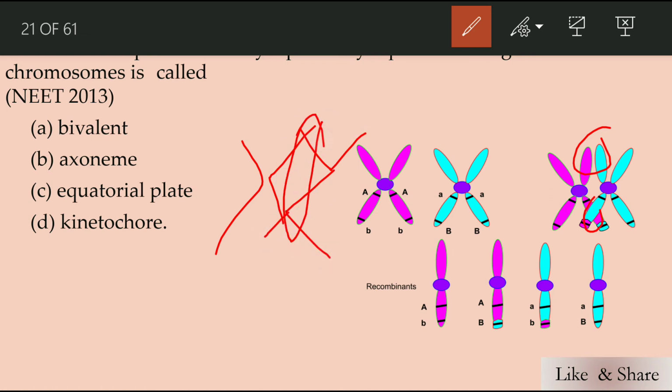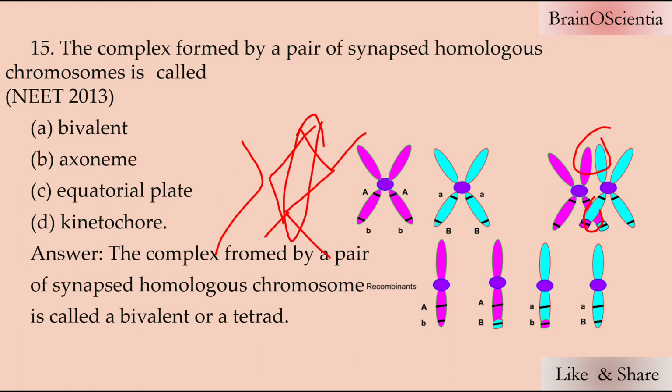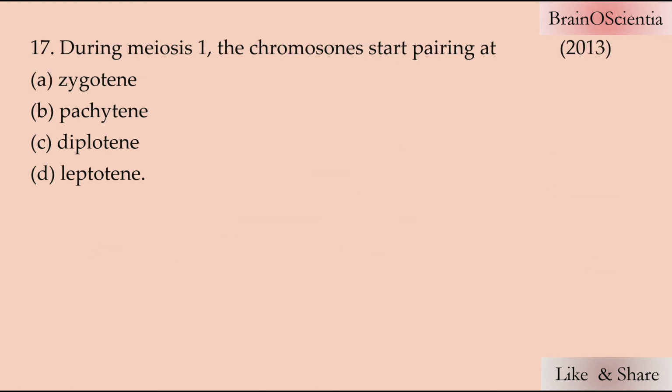This structure is also called the bivalent structure. So the complex formed by a pair of synapsed homologous chromosomes is called bivalent or tetrad.